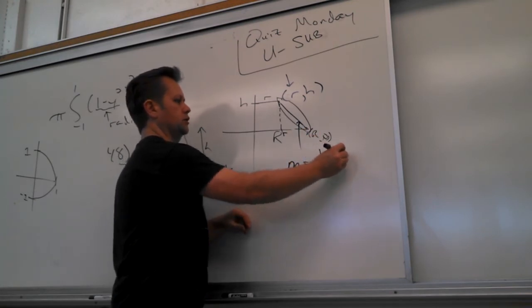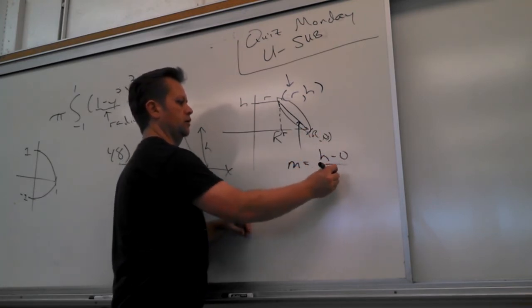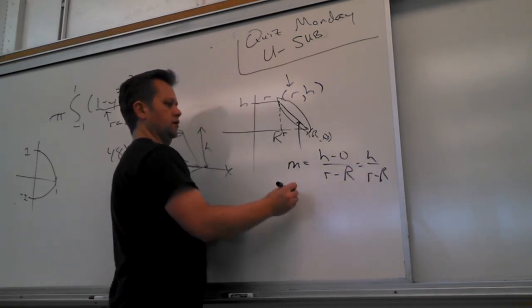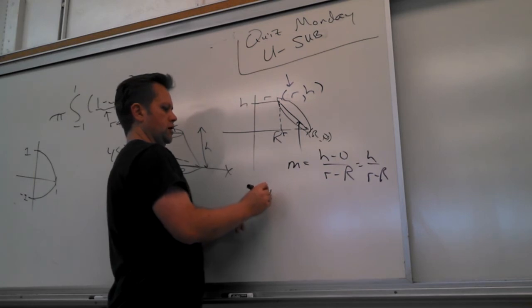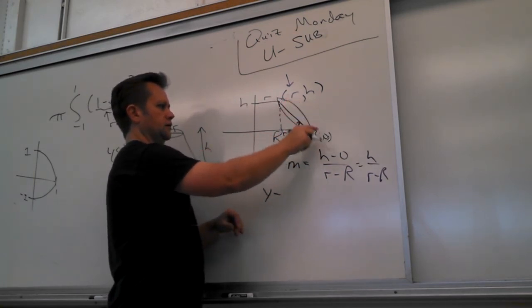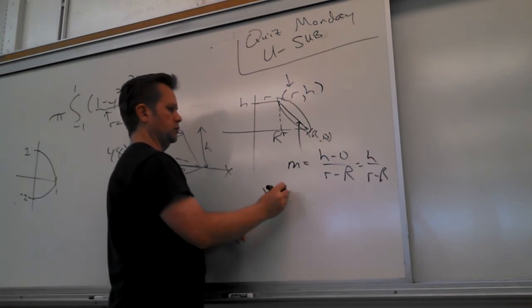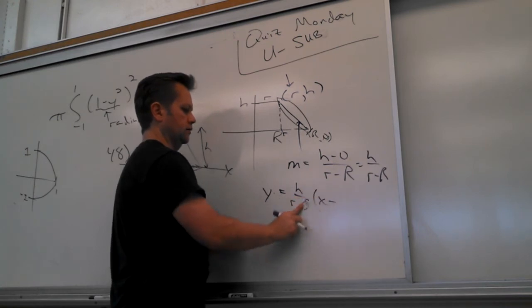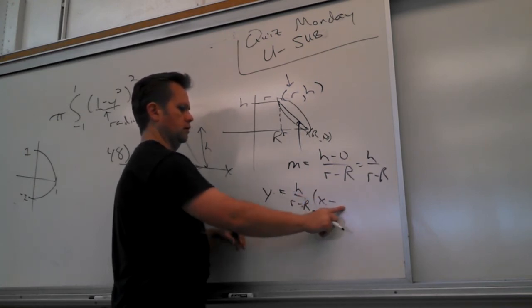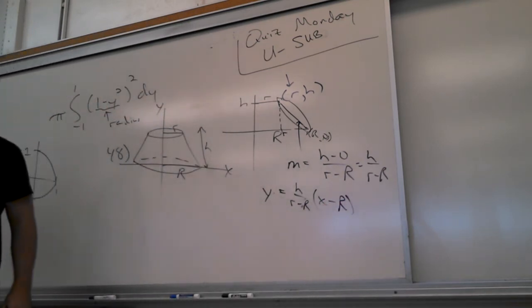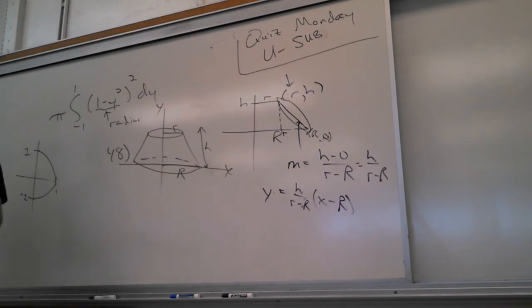H minus 0 over little r minus big R. So it's H over r minus R. So I get y minus, which point do you want to use? y minus 0 equals H over r minus R times x minus big R, right? Is that cool? I'm just plugging in what I know in the process that I totally understand.